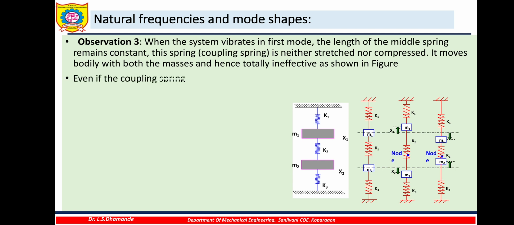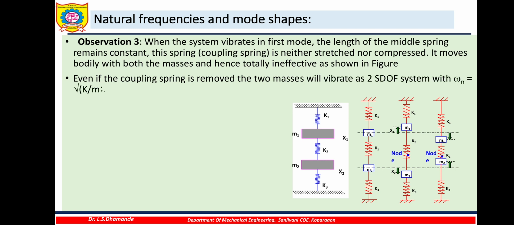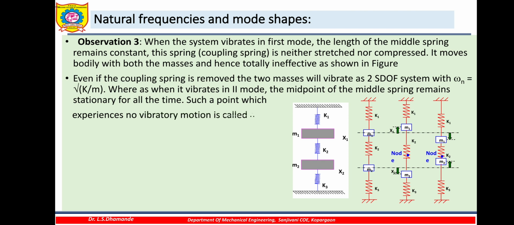Similarly, even if the coupling spring is removed, the two masses will vibrate as a 2 degree of freedom system with omega n equal to the square root of k by m. When it vibrates in the second mode, the midpoint of the middle spring remains stationary for all the time. Such a point which experiences no vibratory motion is called a node. That particular point is called a node point, as given in the figure.